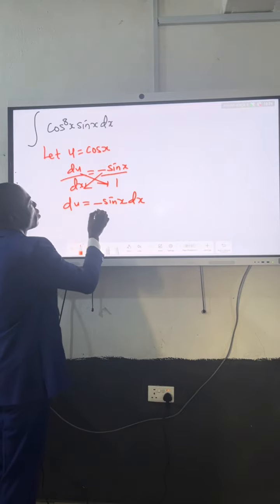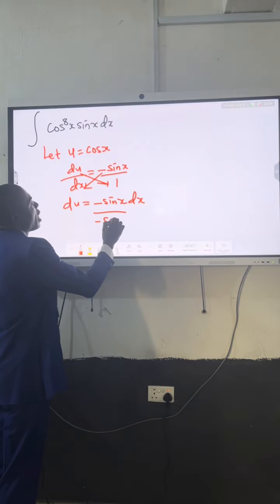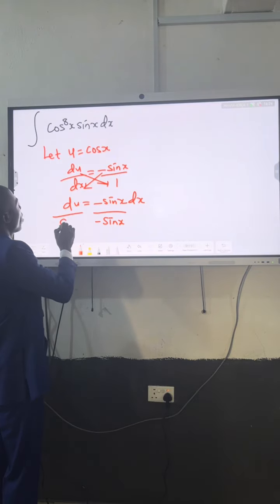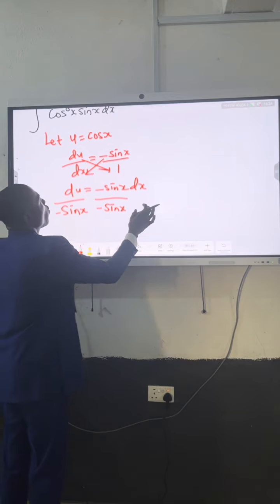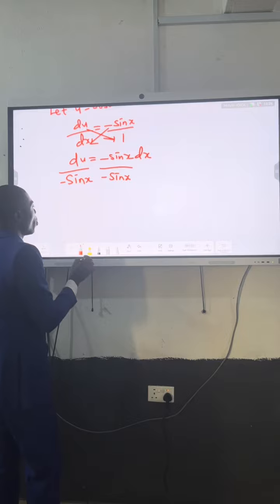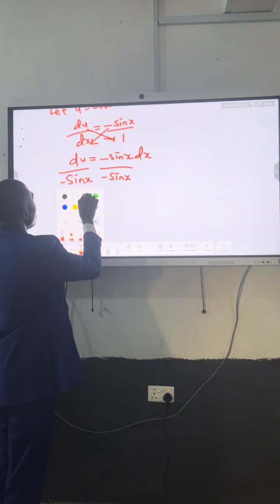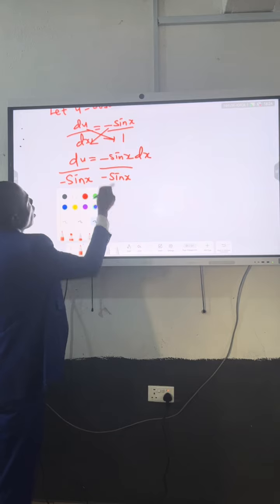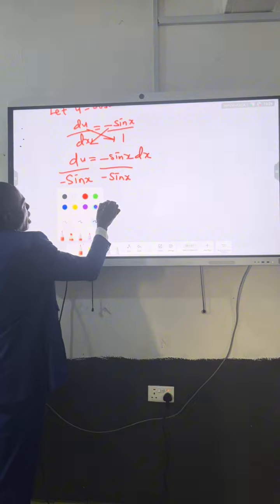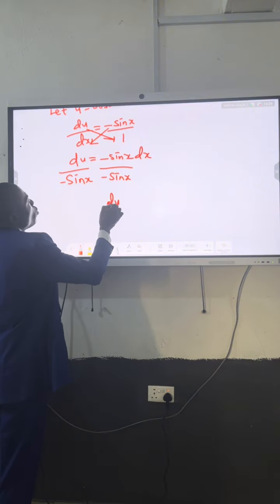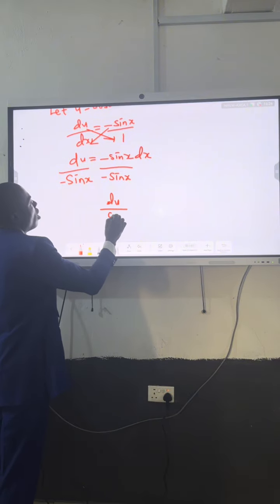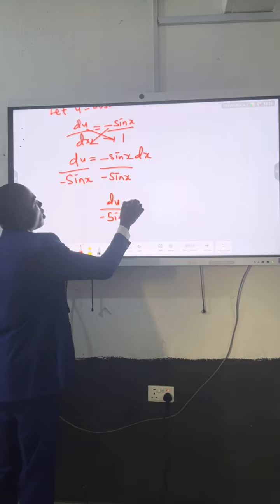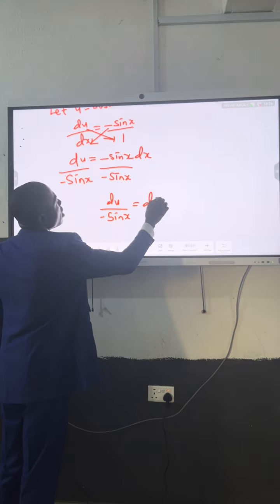If you do that, you're going to have negative sine x over here. From here, you can write it as du all over minus sine x is actually equal to dx.